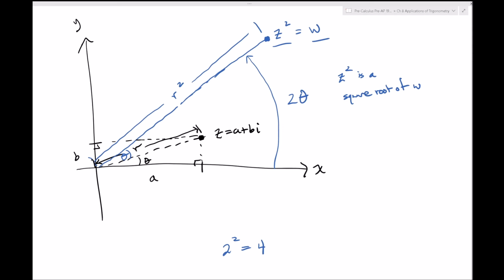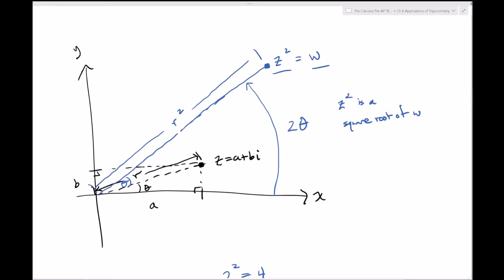So what's the geometrical process to go backwards if you have the square and you want the square root? You cut the angle in half. To find the root, you divide the angle, so theta gets divided by 2.